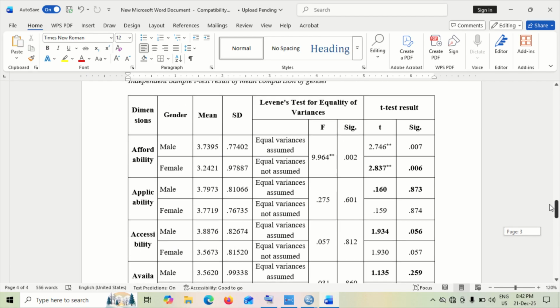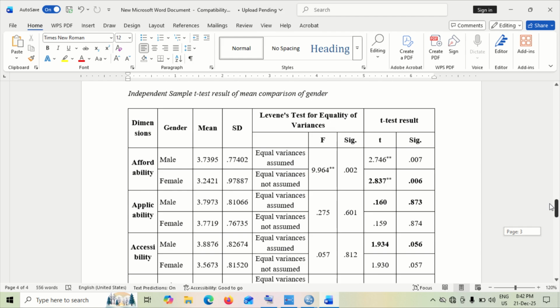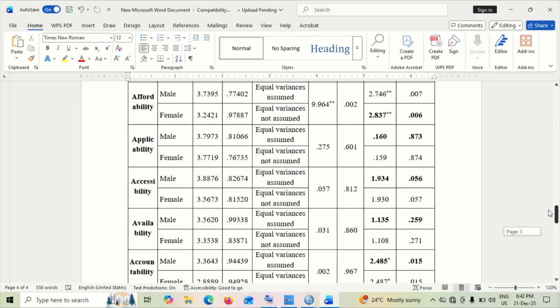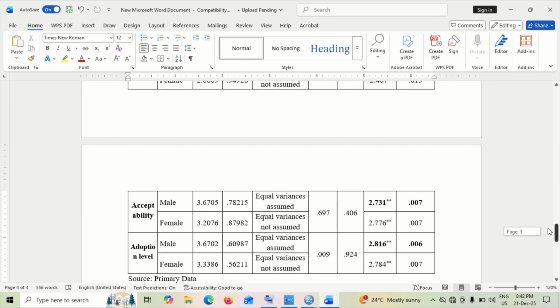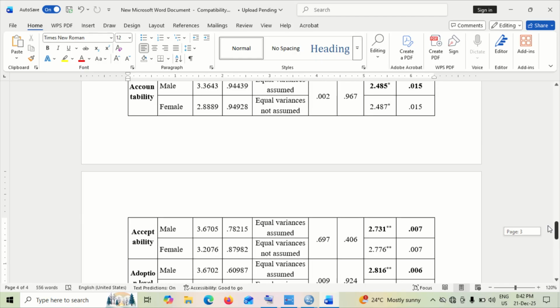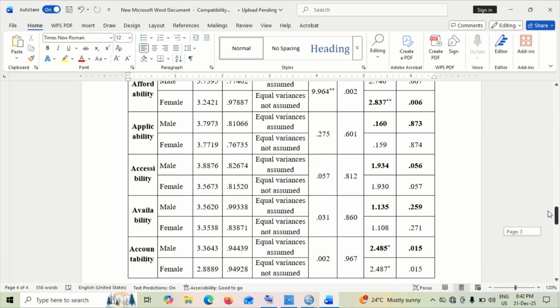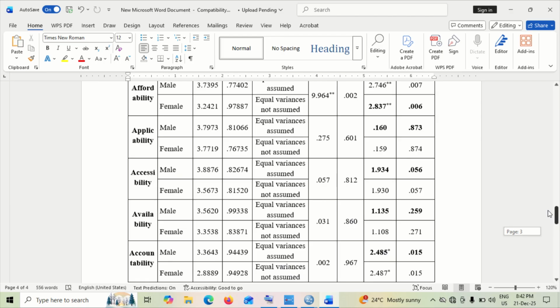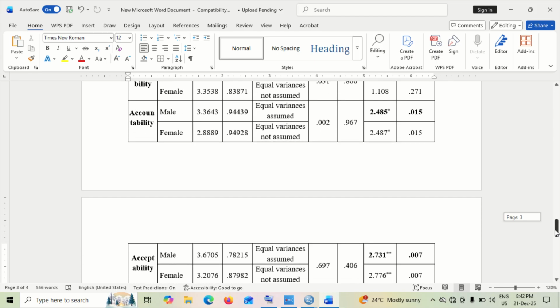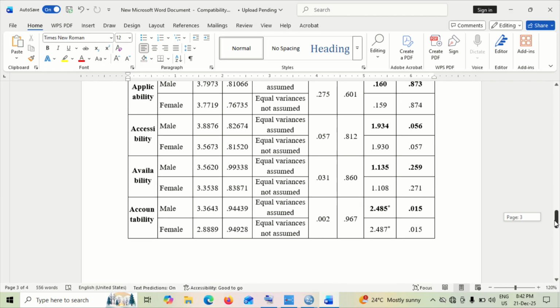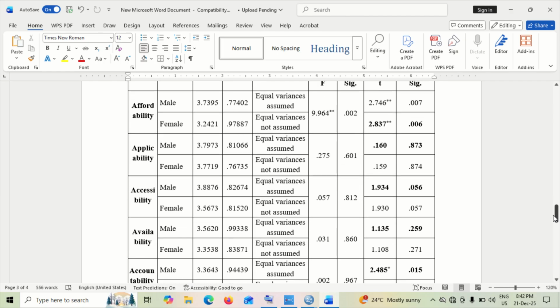And it can be concluded that in the case of affordability, acceptability, adoption level and accountability, there exists a significant difference between male and female respondents. From the mean value, we can see that male respondents have a better level of accountability, adoption level and acceptability of ICT than female respondents.